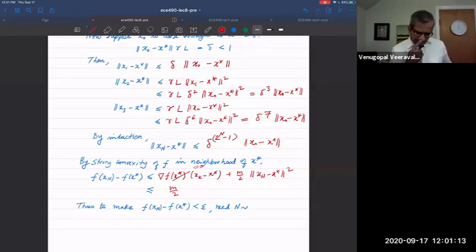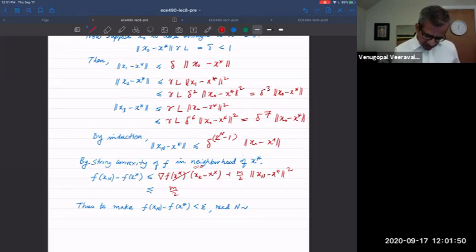Hold on one second. Sorry, not strong convexity. I have to use the Lipschitzness... Yeah, I'll have to use Lipschitzness here, but anyway, I need a constant here.